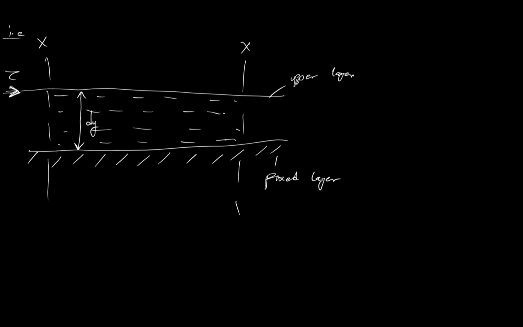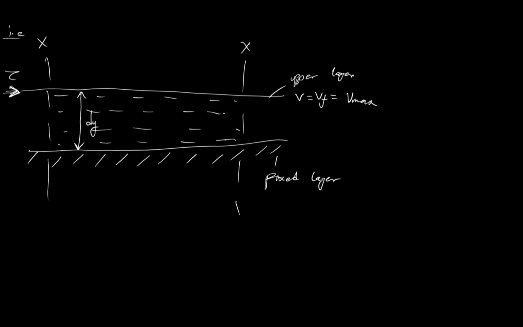Now, what we need to understand is this: when the two layers of the fluid, the upper layer and the bottom layer, which are separated by distance dy, move one over the other at different velocities, the viscosity together with the relative velocity, which is the final velocity, V max, causes a shear stress acting between the layers.